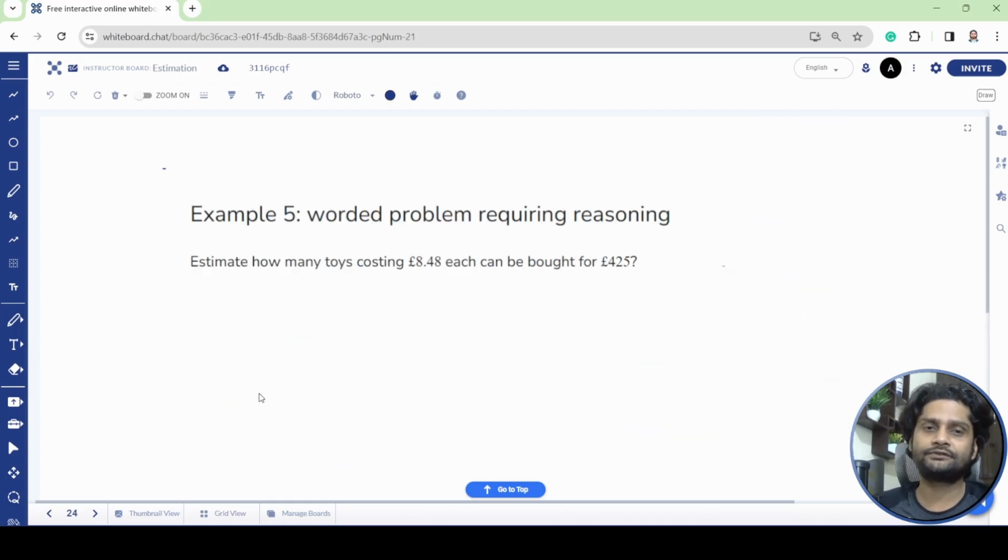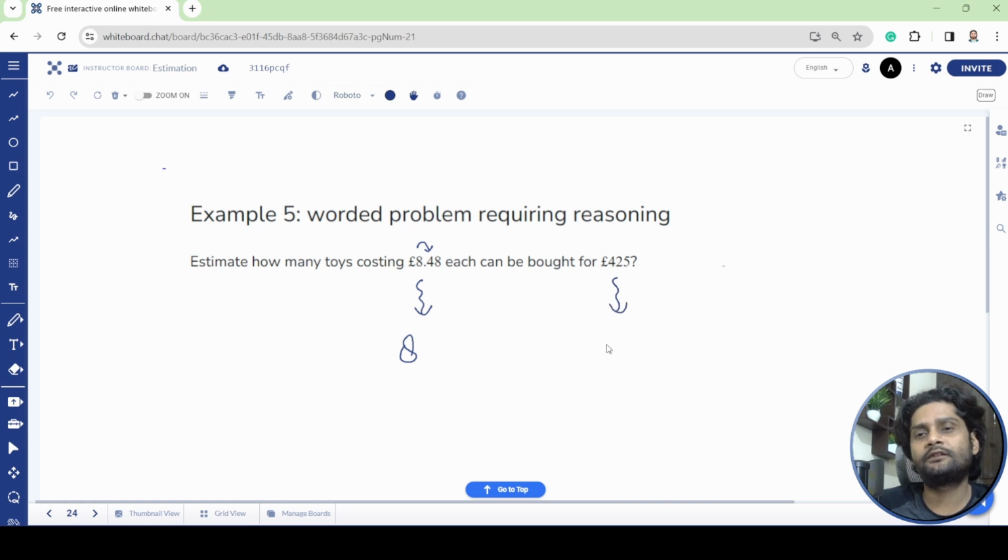There is one more question, students. We have a word problem. It says estimate how many toys costing this much can be bought for this much money. So first of all we try to round these numbers correct to one significant figure. We want to remove 4 and 8. We don't add anything to that, but we need to write one significant figure, so it remains 8 only because 4 is less than 5, so we do not add anything to that 8.